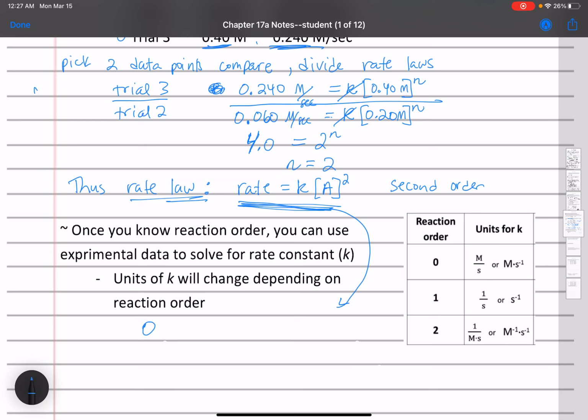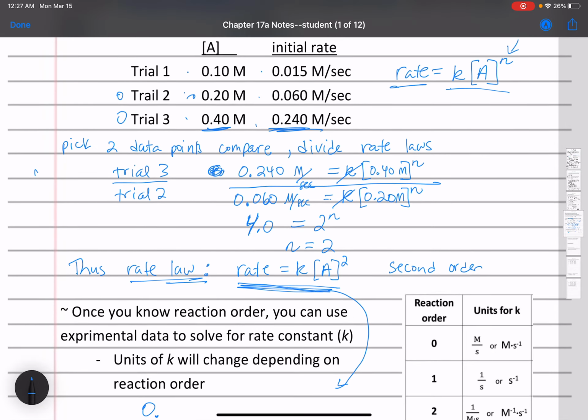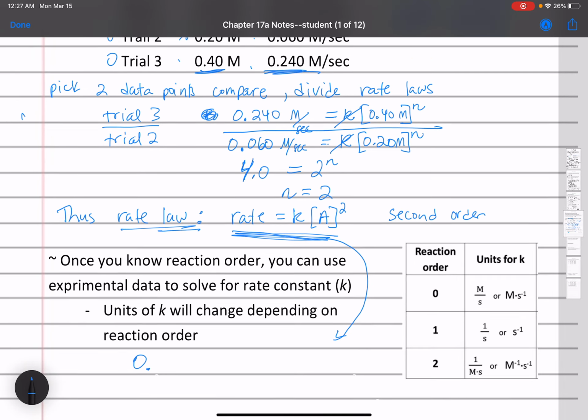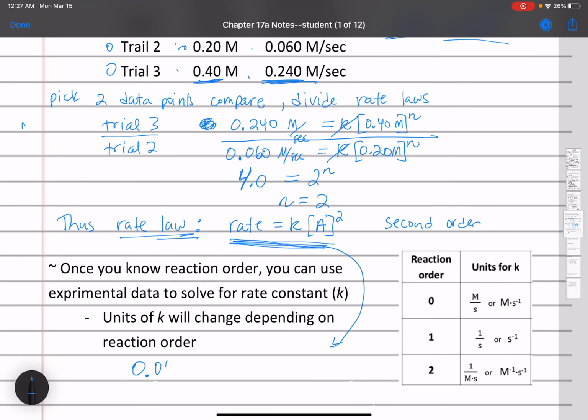Okay, so I'm going to pick trial, what trial did I pick here? Trial 2, just because. The rate for trial 2 was 0.060 equals K times the concentration for that trial, 0.20 molar, and we square that because N equals 2.